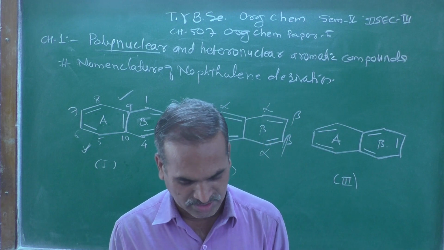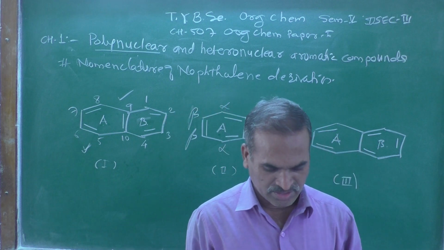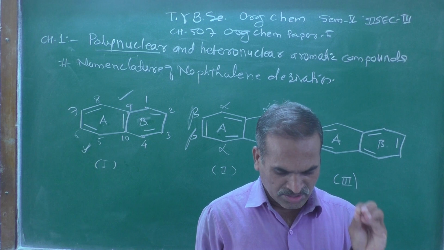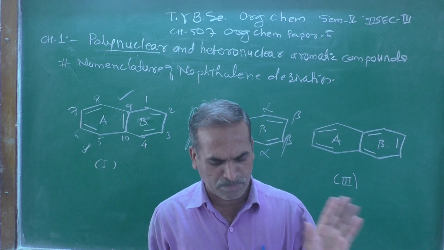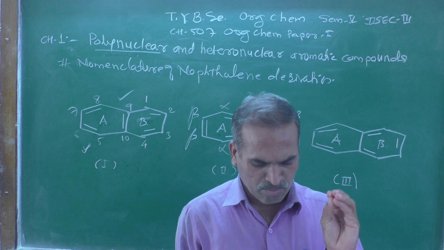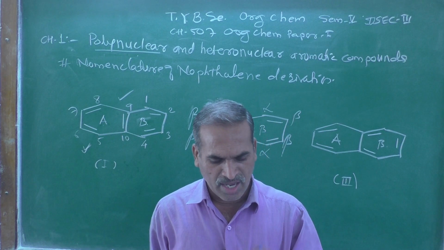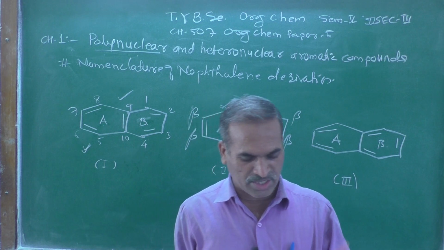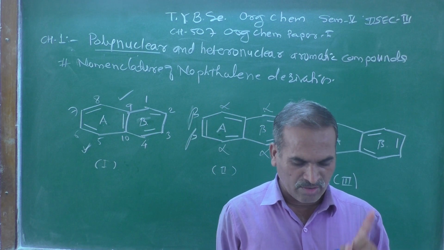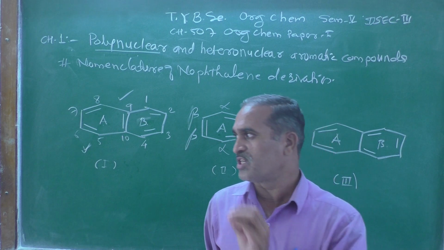You can clearly see, out of these structures, the first is the most important, as both the rings in it have aromatic character. Structures second and third have only one ring which is aromatic.